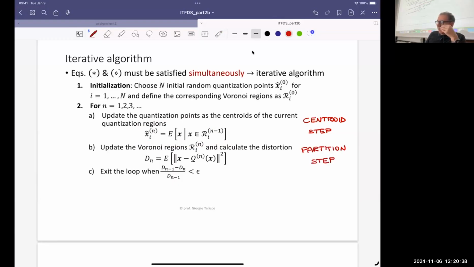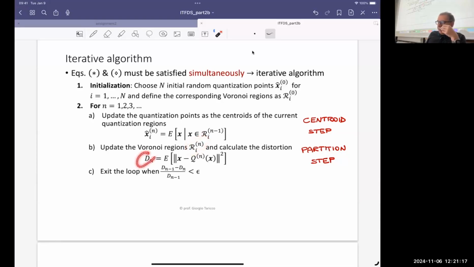During this step, we recalculate the Voronoi regions in order to minimize the distance between the new quantization points and the vector x, and at the same time we calculate the distortion function for these updated Voronoi regions.